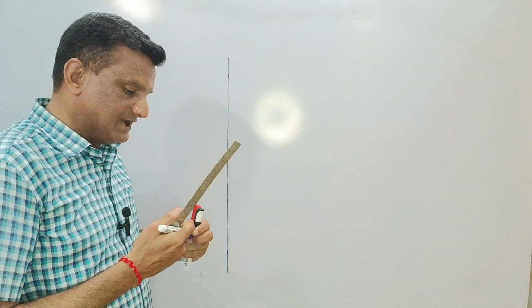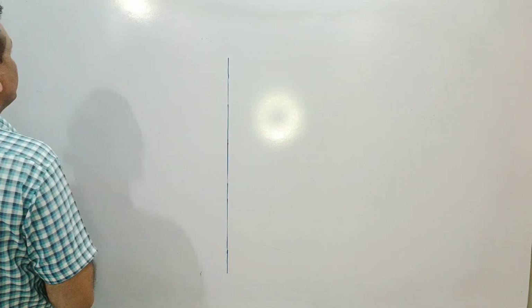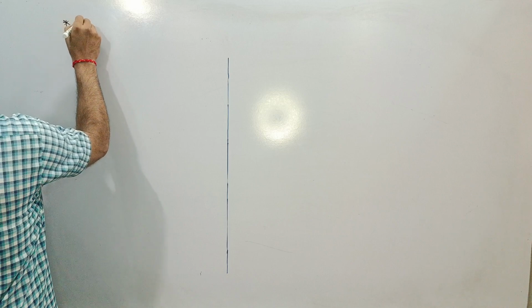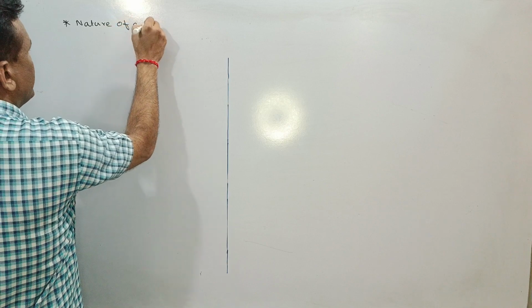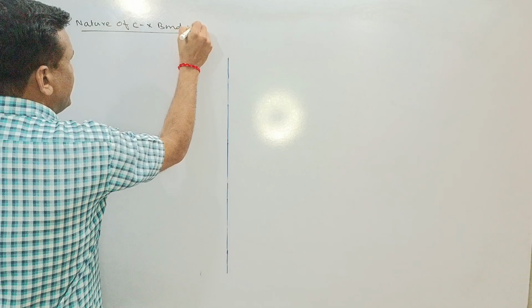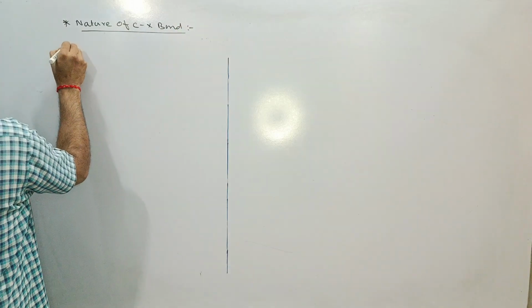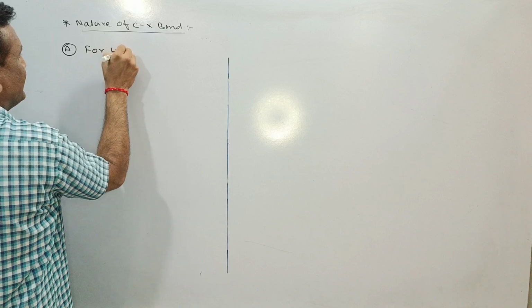So these are just the nature of the C-X bond. First of all, I would like to go with the A part for haloalkane.